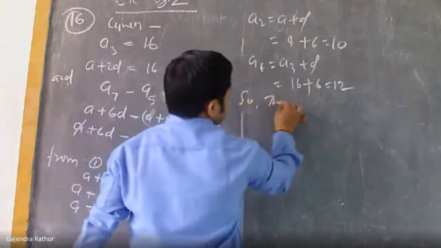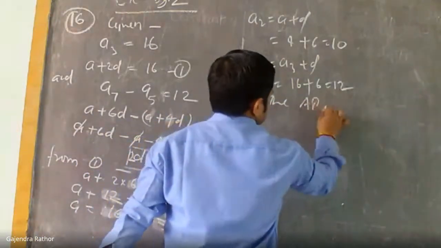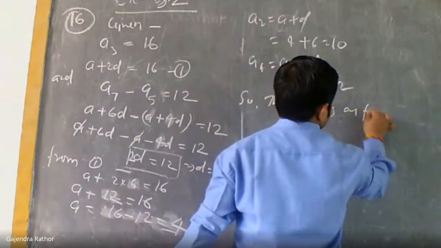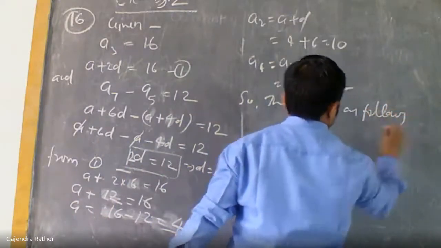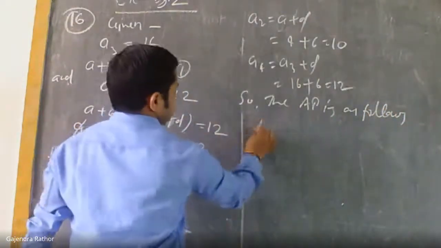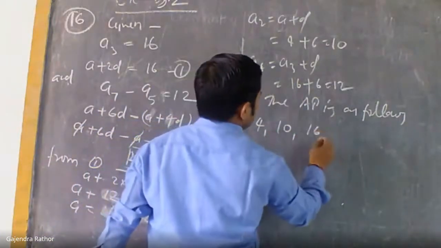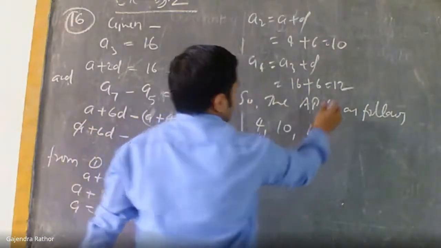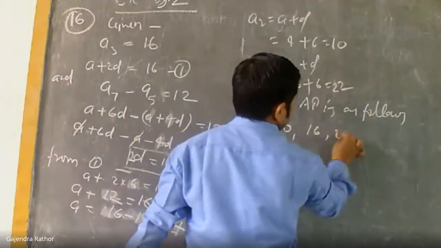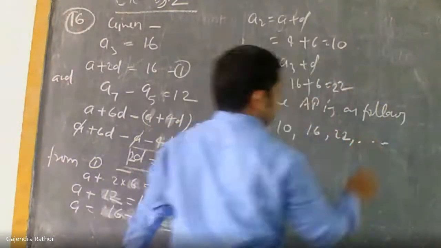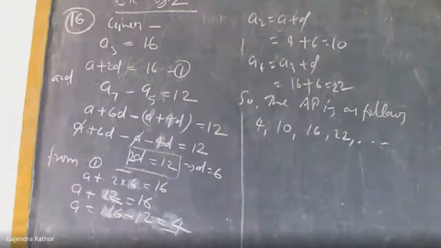So the AP has terms: first term 4, next 10, next 16, the next is 22. Yeah, now it is correct. Sorry for that mistake.